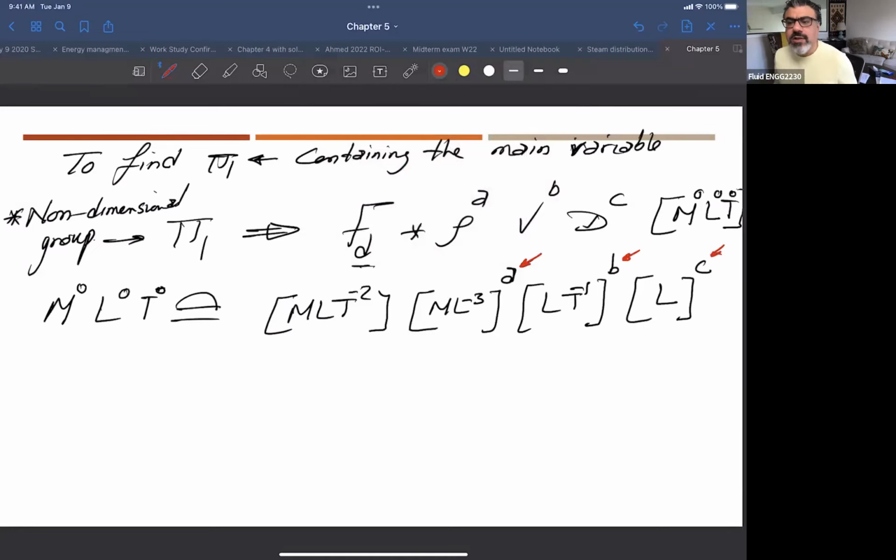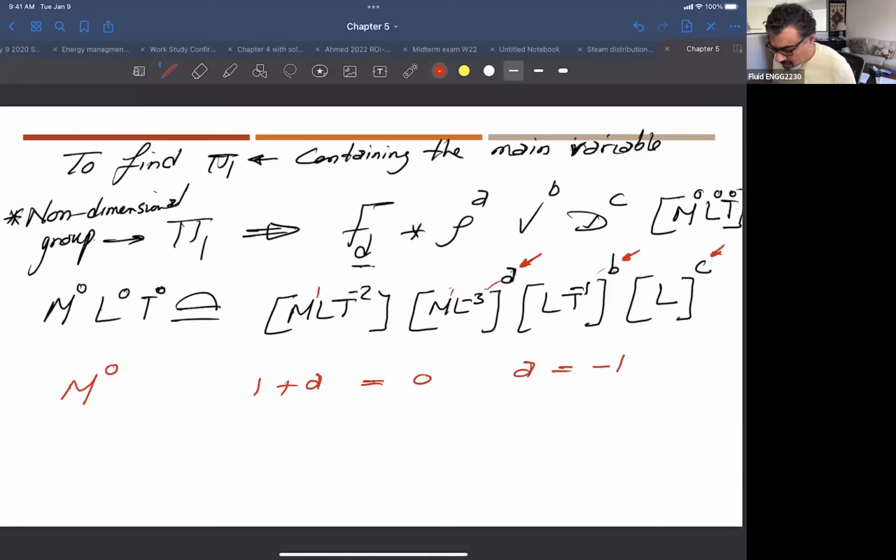I know that when you have an exponent like this, the exponent will be multiplied inside, right? So if M has to be 0, that means what? See here, M is 1, so 1 times A, so plus A. For B, there's no M here, and no M here, so this has to be 0, which means that A has to be minus 1.